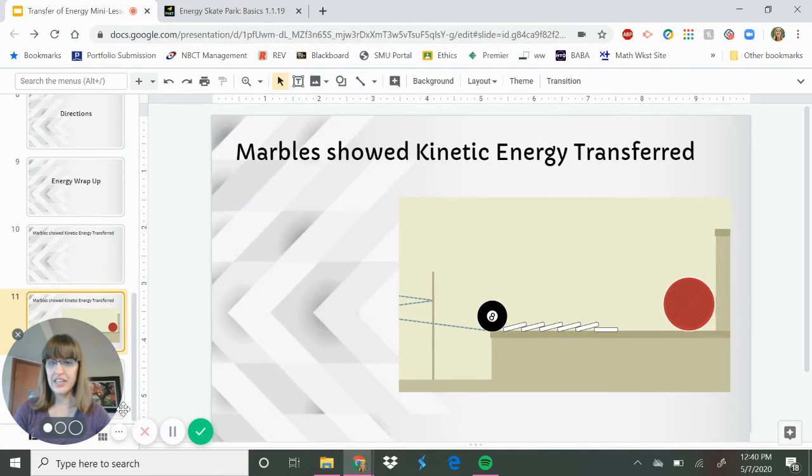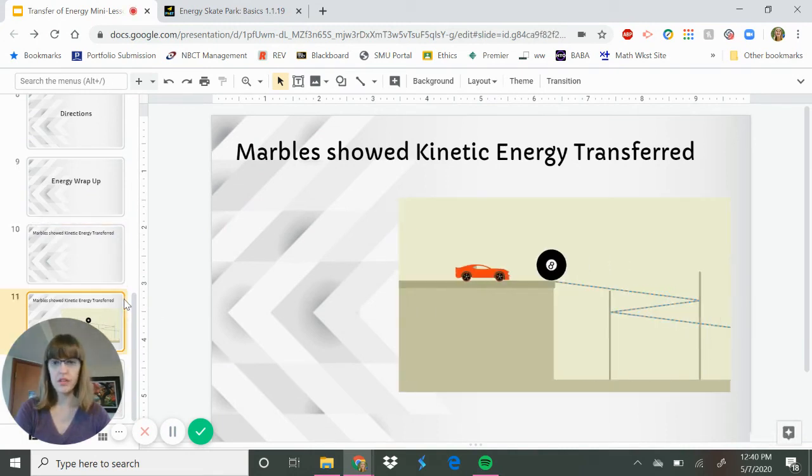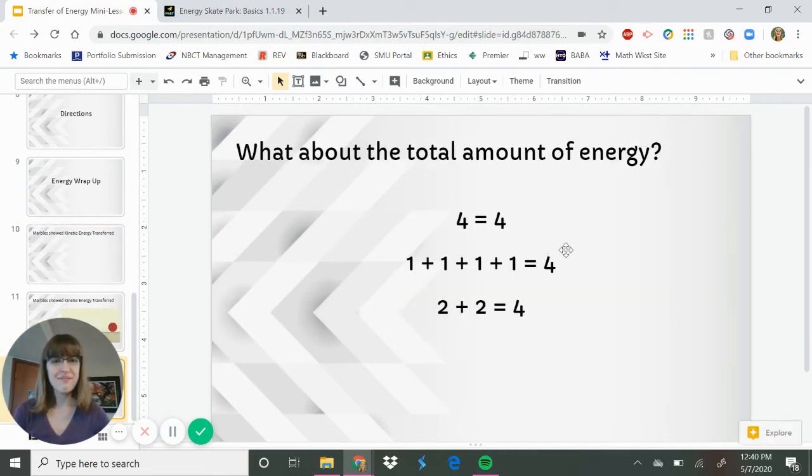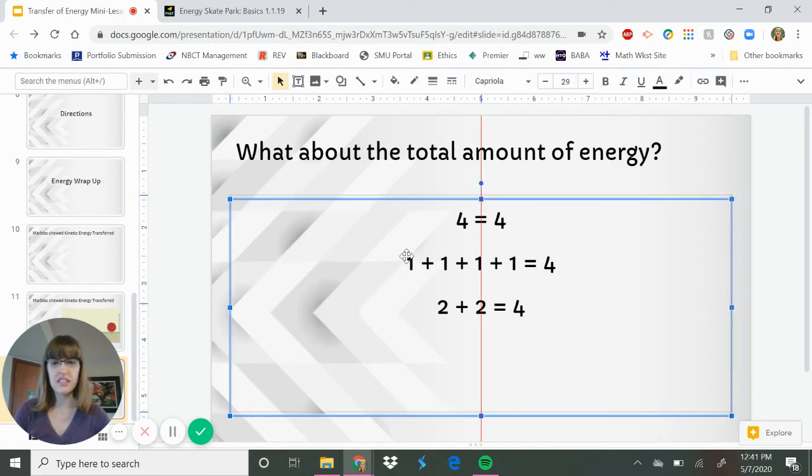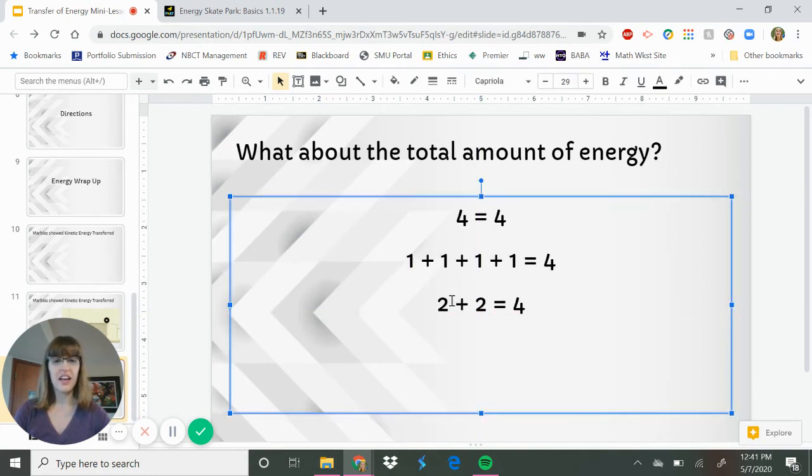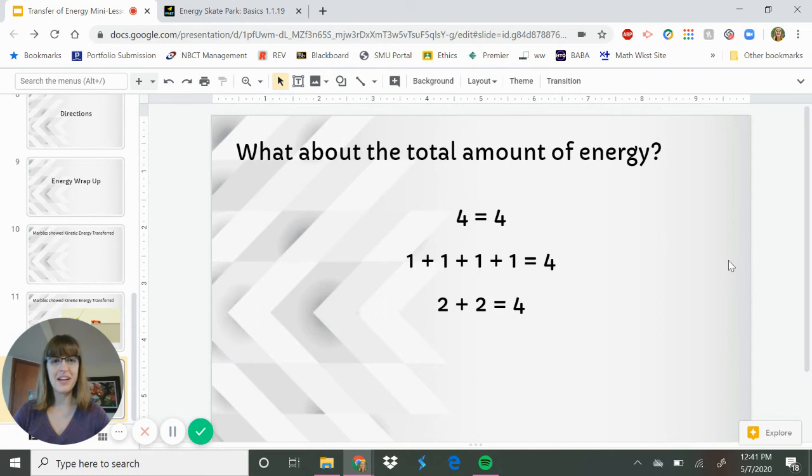It's kind of like in an equation, when there are lots of different ways to equal 4. I can have 4 equal 4, I can add up a bunch of things, I can add up 2 plus 2 equals 4. That's the same idea. It's like adding potential and kinetic to get the total, or adding the potential and the kinetic and the thermal energy to equal the total. Same idea.